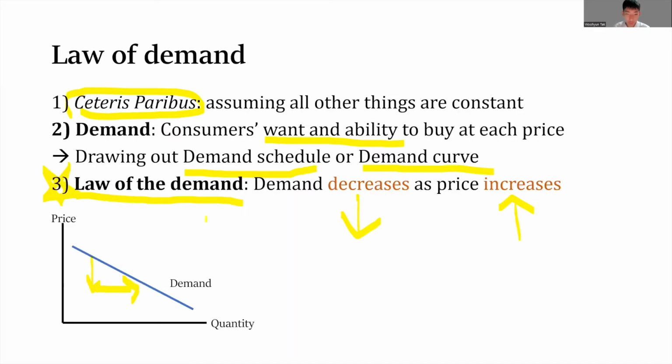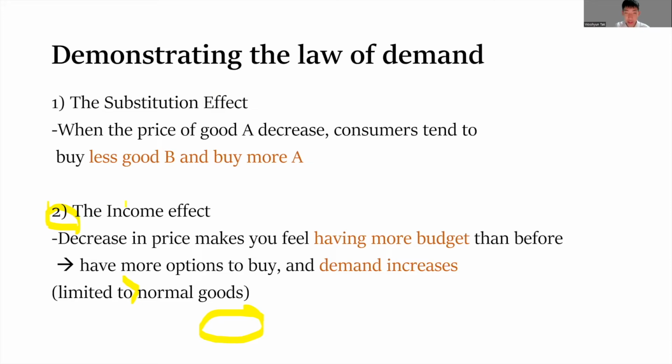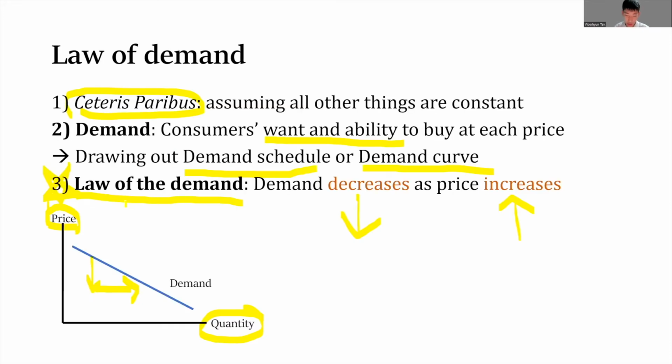Don't forget to clarify quantity on the x-axis and price on the y-axis when you're asked to draw a real graph in free response questions. It might be quite confusing. Simply thinking, it is natural that we can buy more at a lower price.